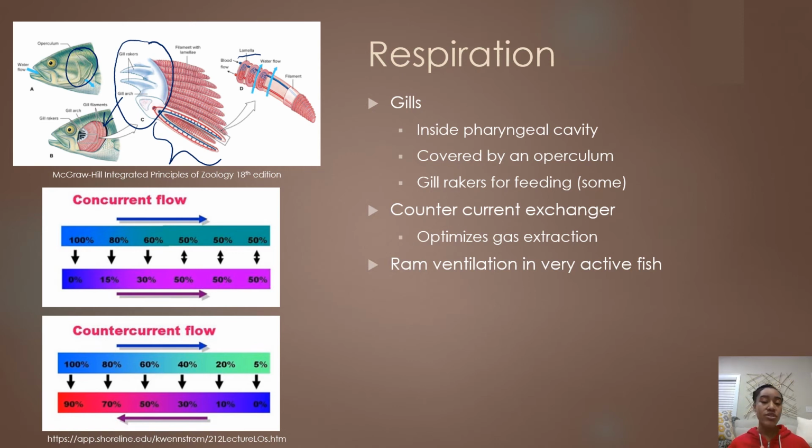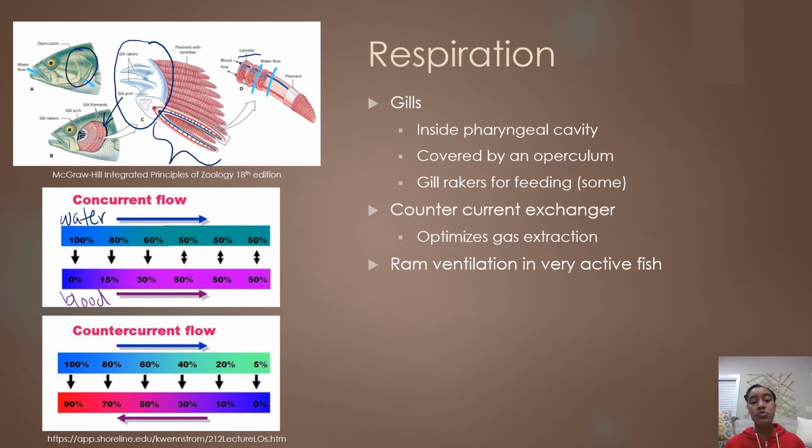And so to understand this counter-current exchanger system, I think it's first important to understand what is concurrent flow and why that's not nearly as efficient as counter-current flow. So in concurrent flow, the water and the blood would be running in the same direction. So if we use this as an example, we have our water, and then we have our blood.